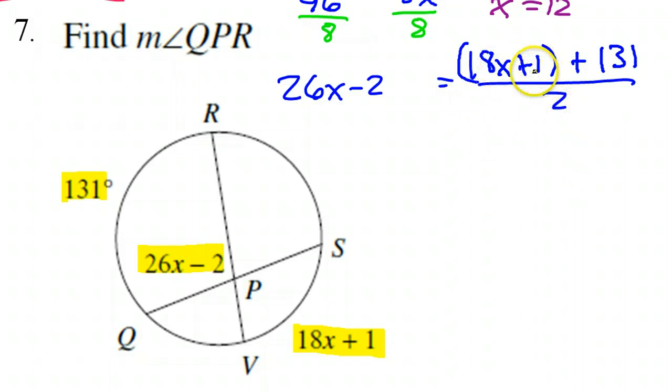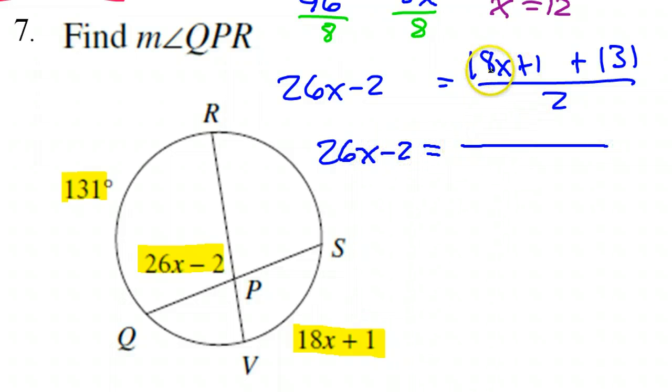I like to combine like terms immediately. There's nothing in front of these parentheses, so I'm just going to erase them. So I've got 26x minus 2 equals 1 plus 131, so I've got 18x plus 132 divided by 2.